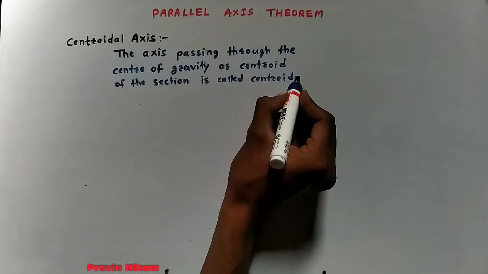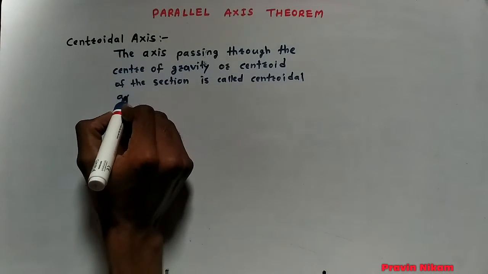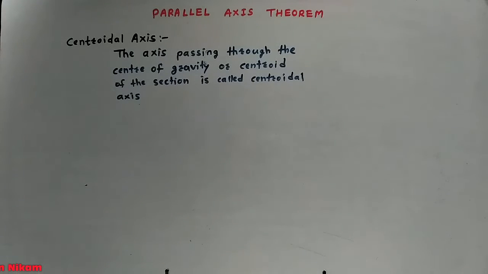So centroidal axis is the axis passing through the center of gravity or centroid of the section.